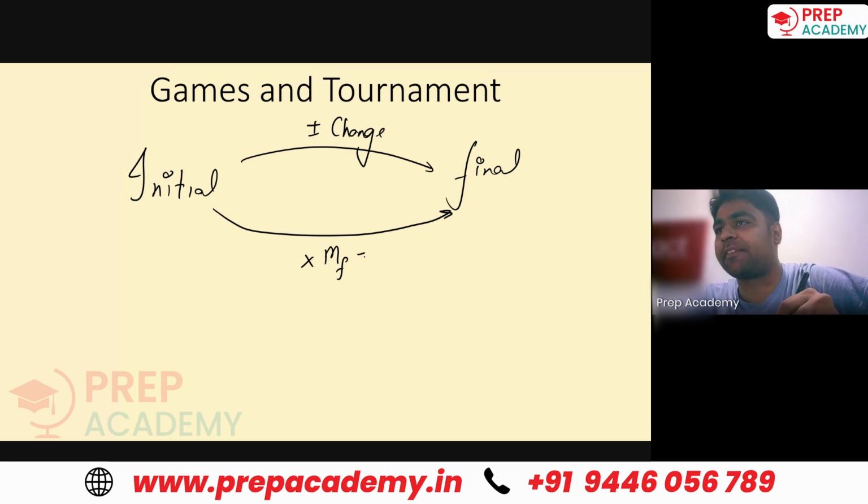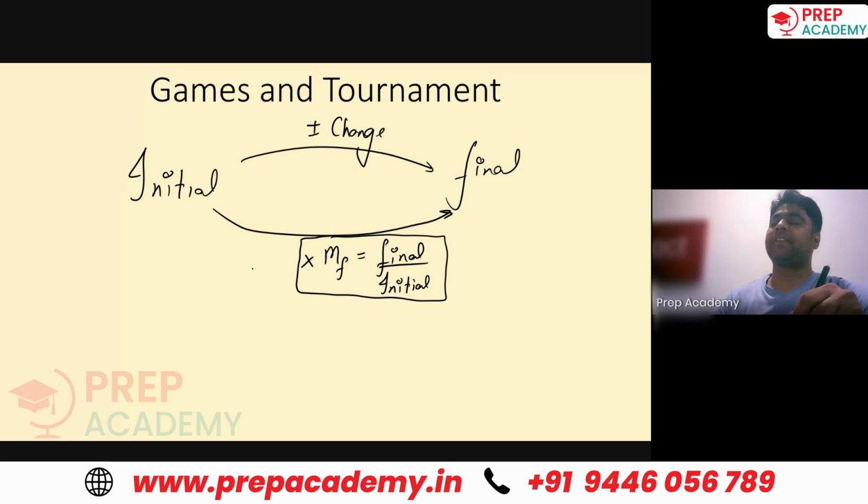So this MF is called multiplying factor, which is nothing but final upon initial. It is a very important concept. It will be useful for you in the long run. So what is multiplying factor? It is always final upon initial. Is it okay? Is it clear?